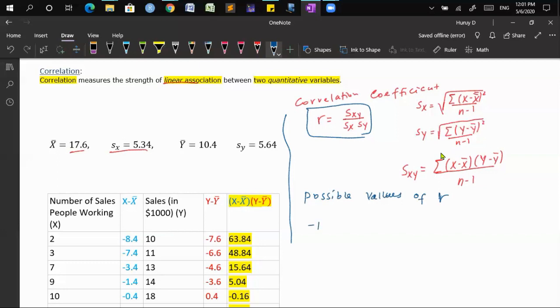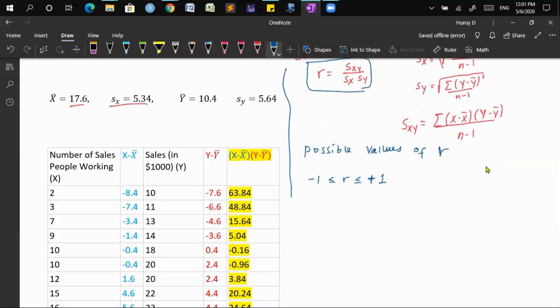So this R is always between -1 and +1. So it's always between these two values. And if R is negative, which means less than 0, then we have a negative relationship.